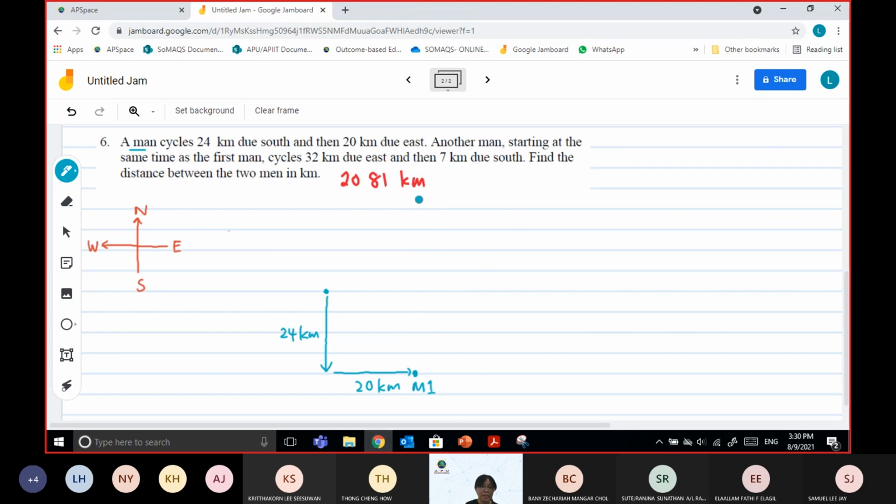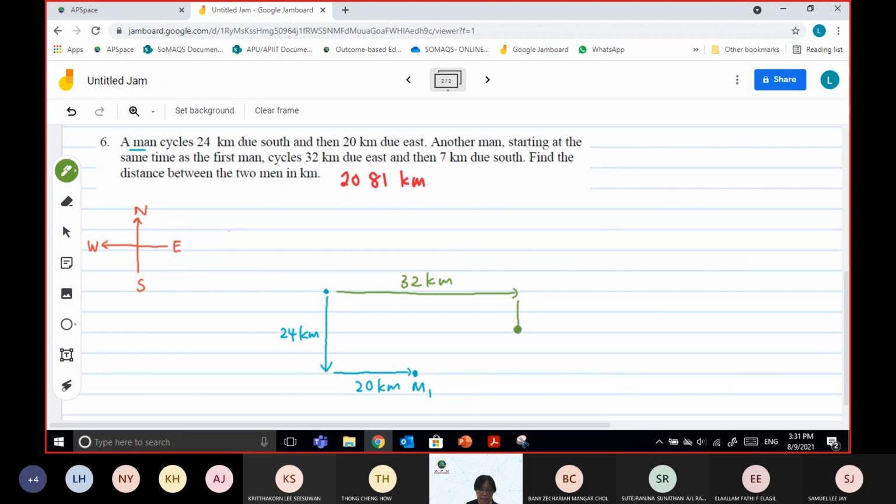Next, another man starting at the same time as the first man, at the same location, cycles 32 km due east. That means 32 to the east, so let's say 32 km, and then 7 km to the south.